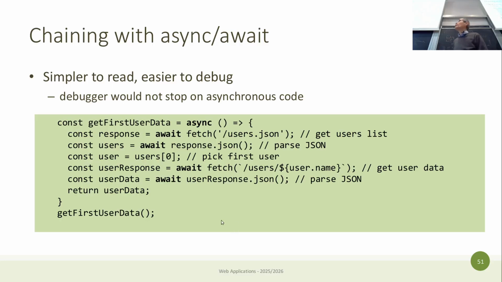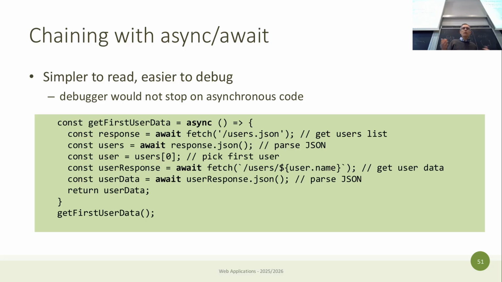So, how do you chain things with async await? Well, actually, you don't chain anything anymore. I mean, the chaining is given by the fact that you return some values, and these values are used later on in other functions. That's the chaining. I mean, it's just writing code. Okay?